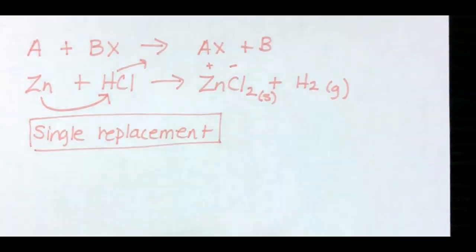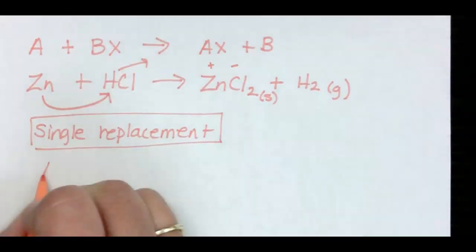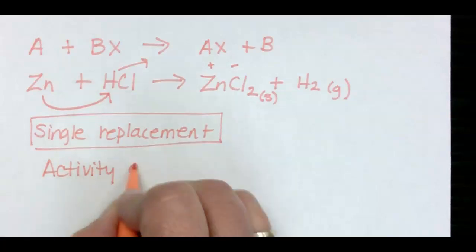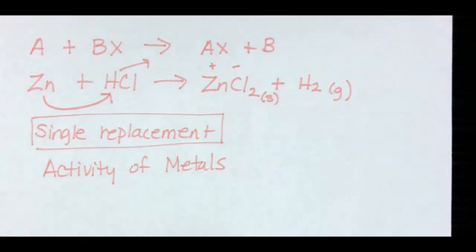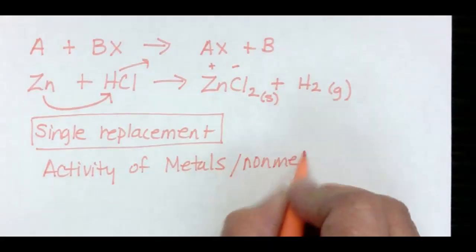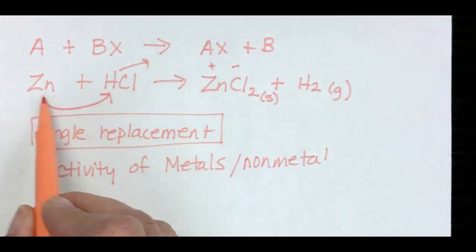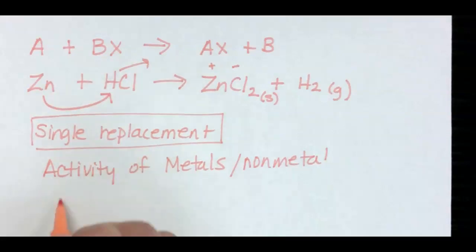Now, let's just talk a few minutes about, because when you're doing this reaction, we also will talk about what is called the activity of metals, or even nonmetals. And what we have to look at is this reaction here, this zinc knocking off hydrogen, will only happen if zinc is what we call stronger than hydrogen.